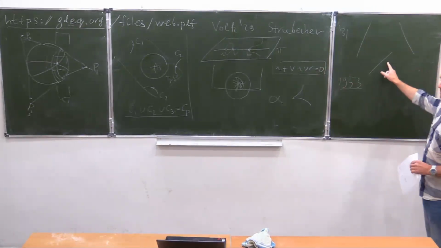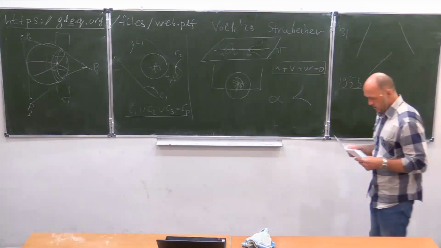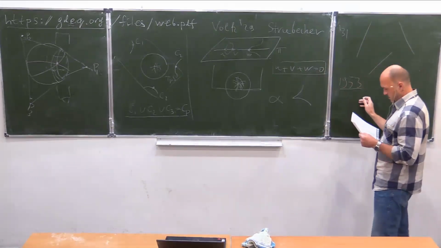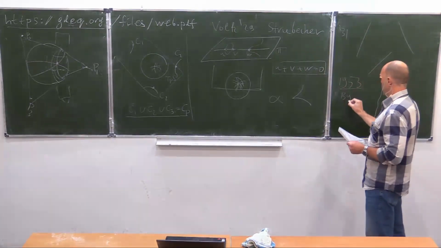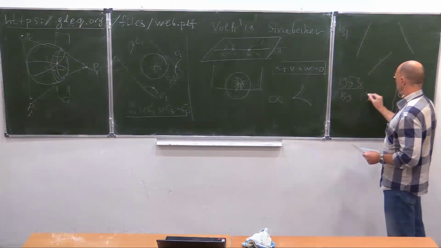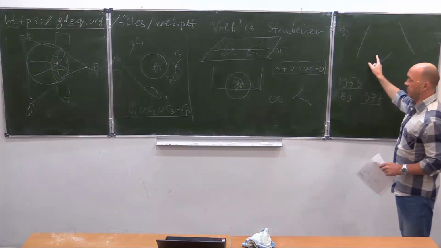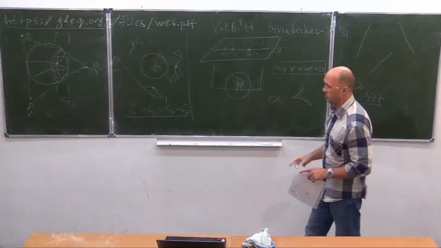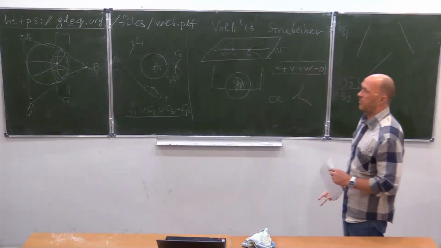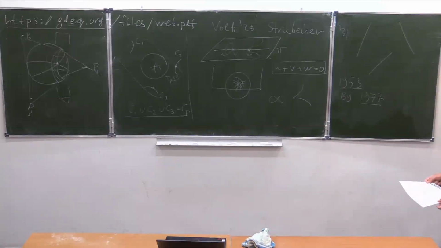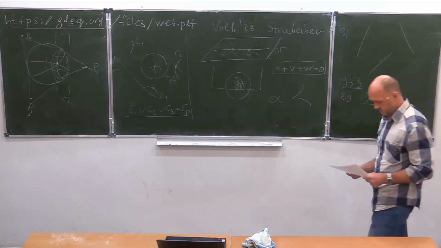So this problem was resolved finally in 1977. The full list of such 3-webs whose polar curve splits into three non-coplanar lines was found.